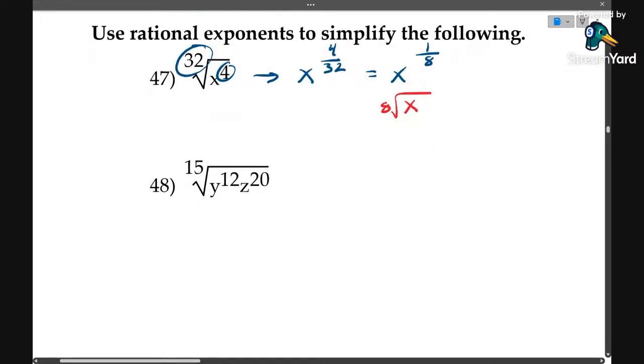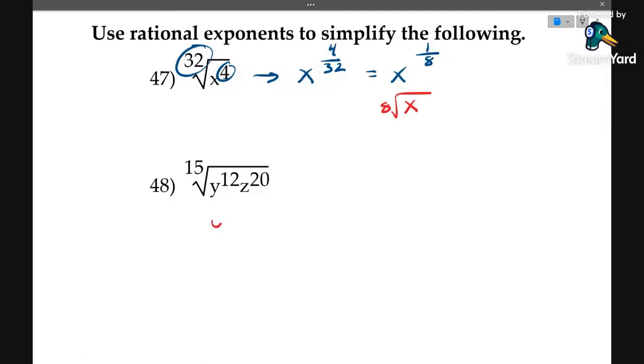So we've got our 15th root, y to the 12th, and z to the 20th. So we can write it with 12 as the numerator and 15 as the denominator. And then for z, 20 as the numerator and again 15 as the denominator. And then simplify both of those fractions independently. 12 and 15 have a common factor of 3, so we can reduce that as 4 fifths.